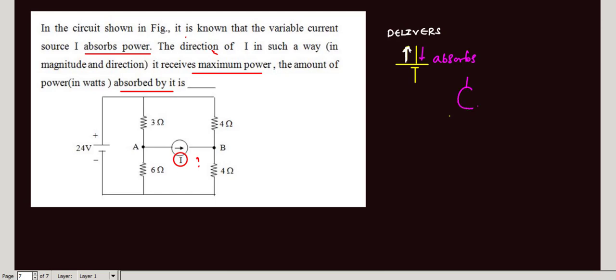Similarly, if I have a current source and place positive and negative here, the current is coming out from the positive terminal, so it delivers power. If I place negative and positive here, the current enters the positive terminal, or leaves the negative terminal, so it absorbs power. So current entering the positive terminal absorbs power, and current leaving the positive terminal delivers power.